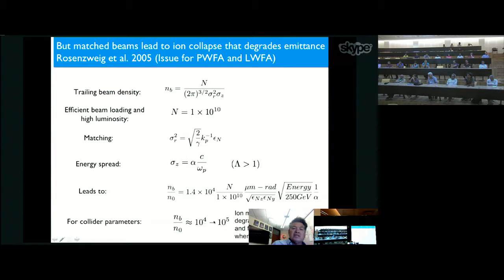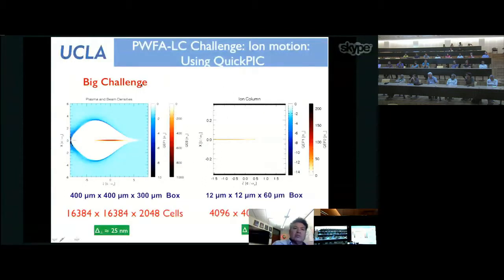which means that the ions will be pulled inward during the transit time of the bunch, and that affects the focusing forces and can lead to emittance growth. People were very concerned about this. To put it in context, it required us to use simulations which are 2,000 by 16,000 by 16,000 cells.